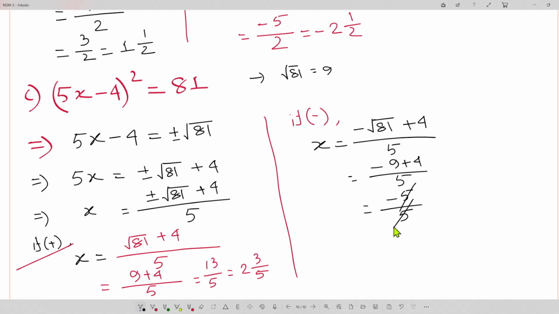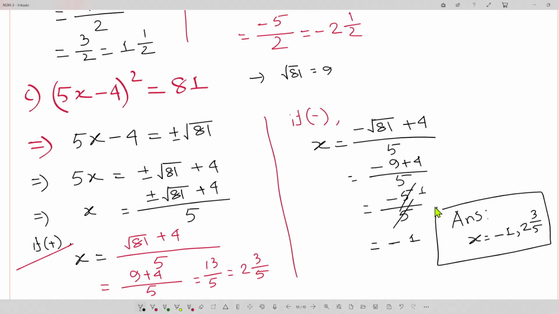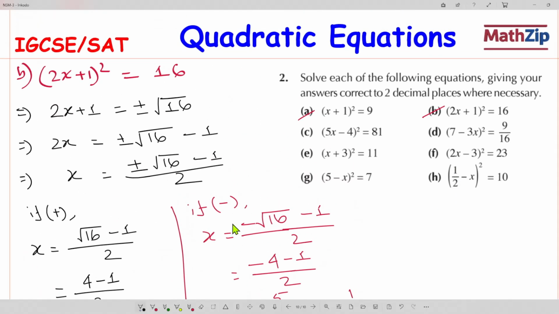So we can divide 5 by 5, it will be 1. So our answer is minus 1. So finally we get x equals either minus 1 or 2 and 3 by 5. Okay, it's very simple. So number A, B, C are done.